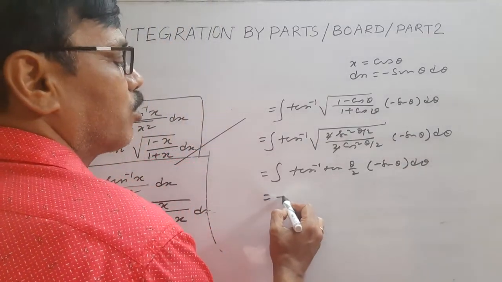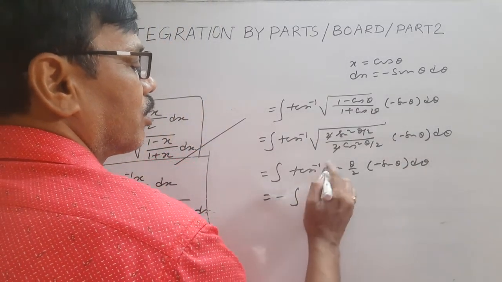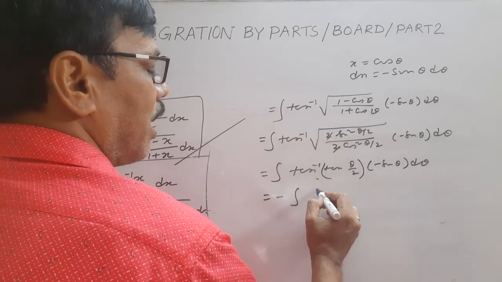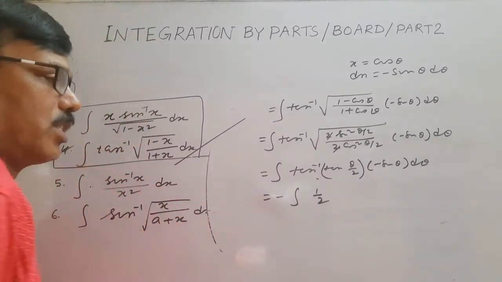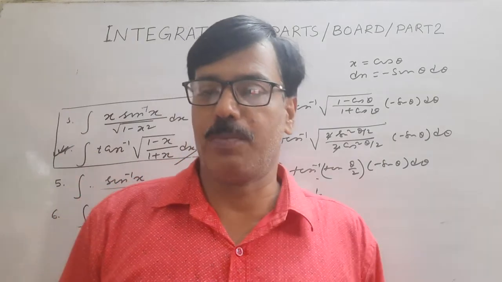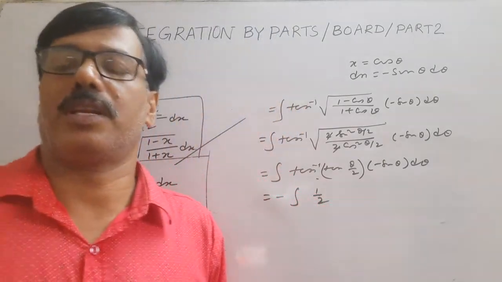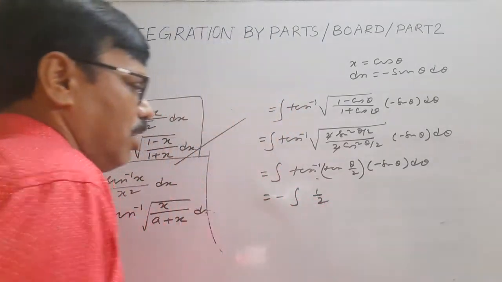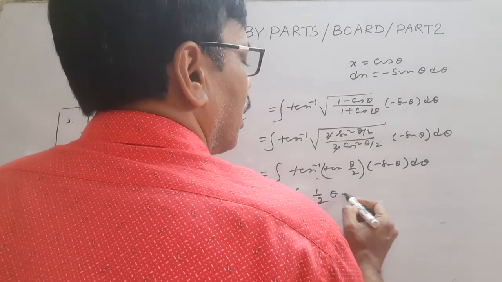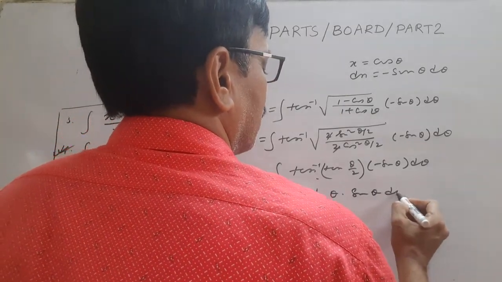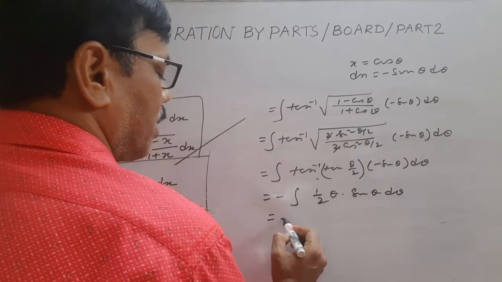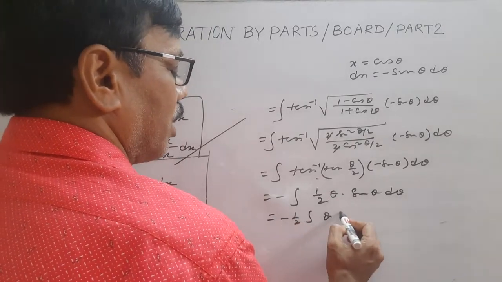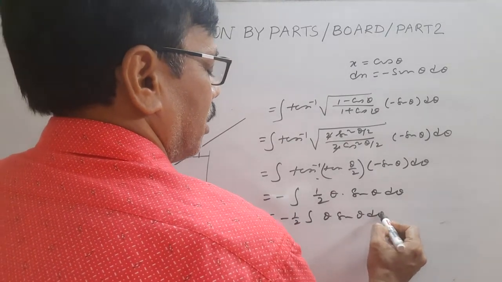So minus outside. So tan inverse tan absorb. If no restriction is given, we suppose tan inverse tan x is x. So half into theta sin theta. So minus half outside, theta sin theta dθ.